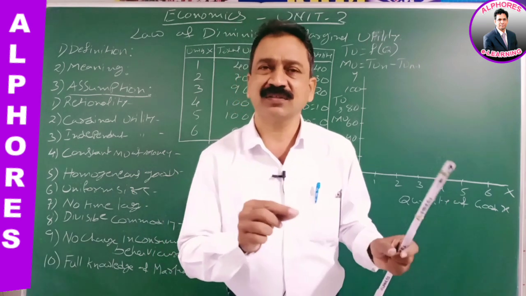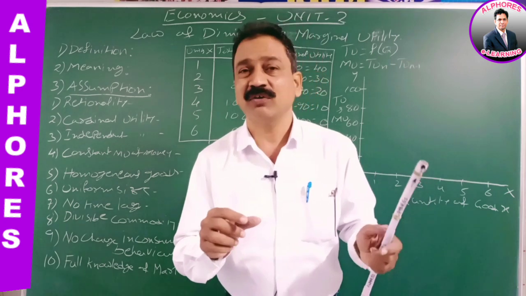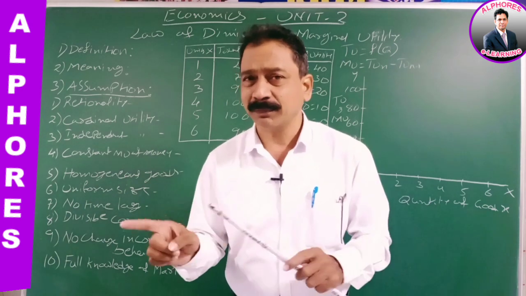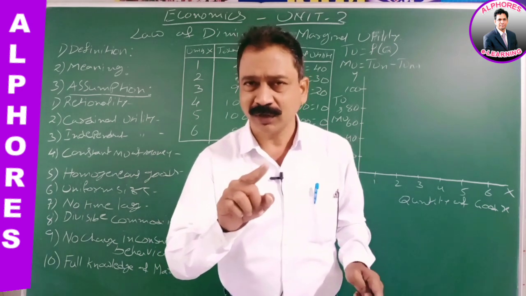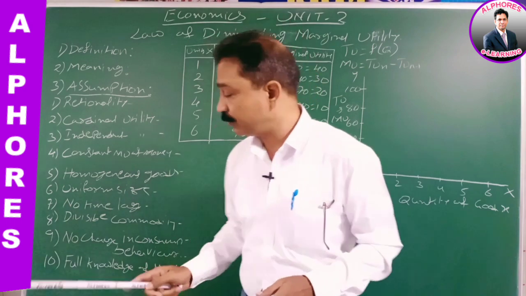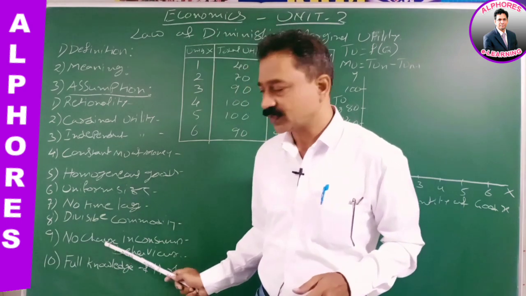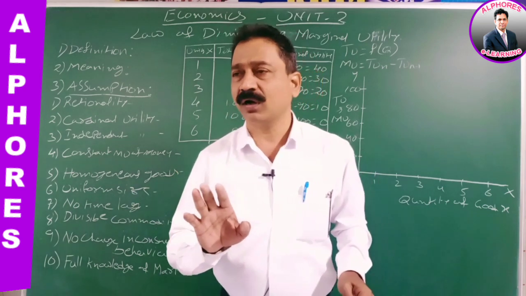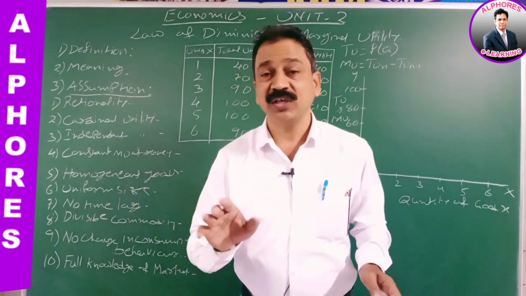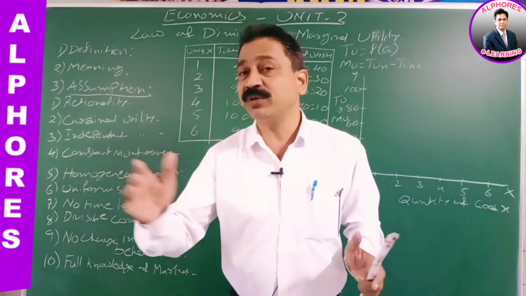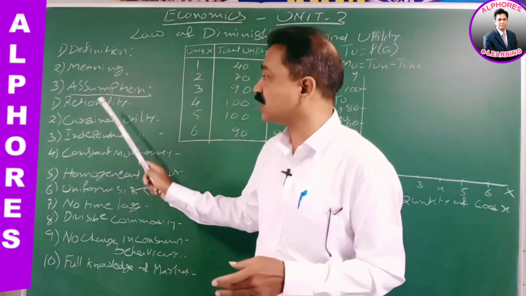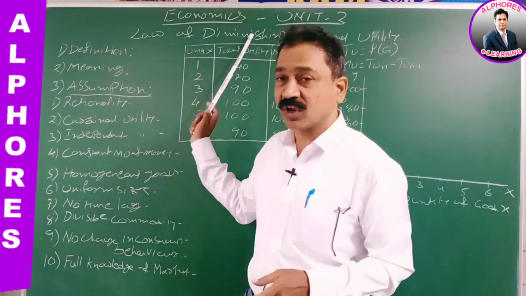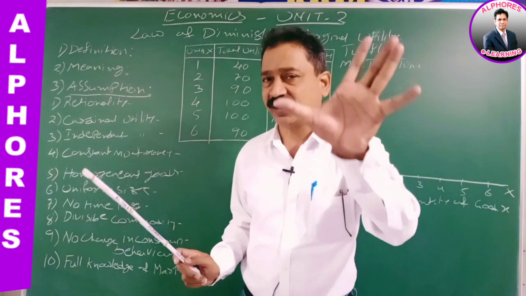If you wear a simple thin cotton t-shirt, you will get cold in the winter. See, as the season changes, consumer wants also change. But here we believe no change in consumer behavior: his income should not change, his preferences should not change, his habits should not change. Then only this law is applicable. So these are all the assumptions on which this law of diminishing marginal utility stands.